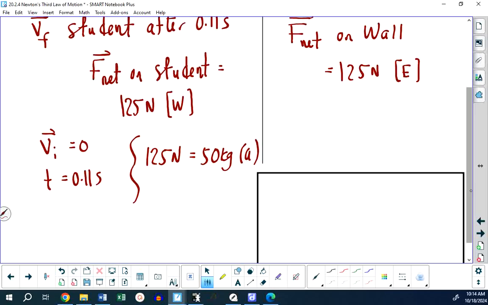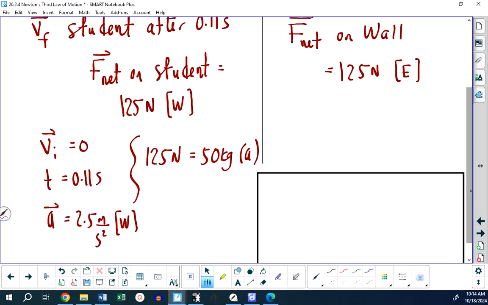And unless my brain is totally shut down, when you take 125 divided by 50, you get 2.5. So the student accelerates at 2.5 meters per second squared, and that will be west because the net force on the student is west. And the net force on the student is west because the force on the other player is east.